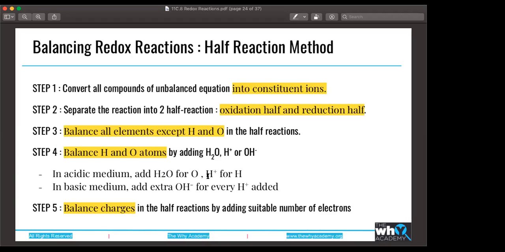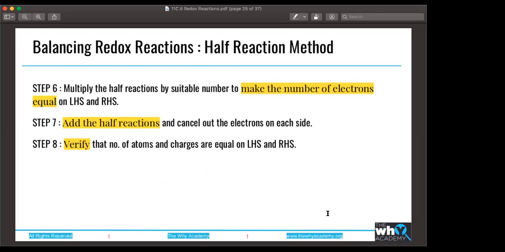Now, once all your atoms are balanced, number of atoms on LHS equal to number of atoms on RHS, then you balance the charges by adding the suitable number of electrons. Then multiply the half reactions by a suitable number to make the number of electrons equal on LHS and RHS.